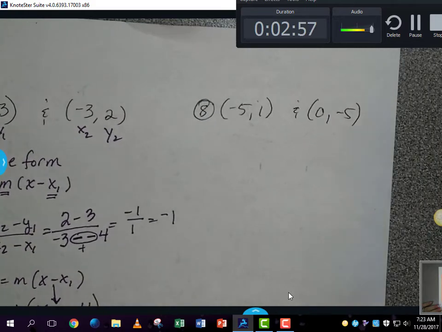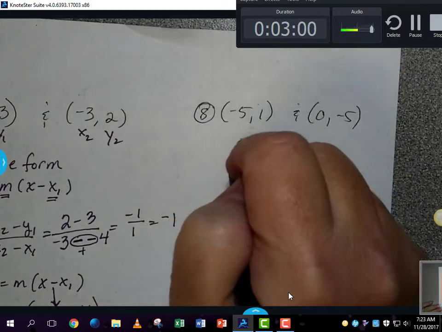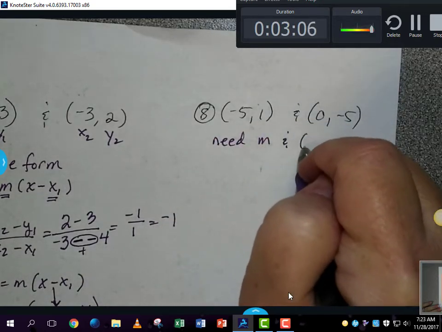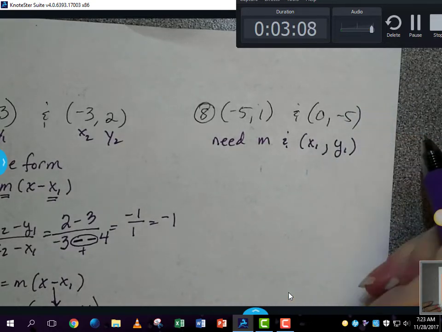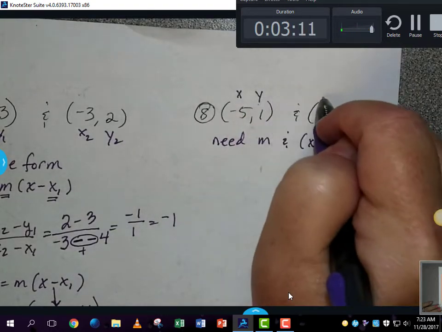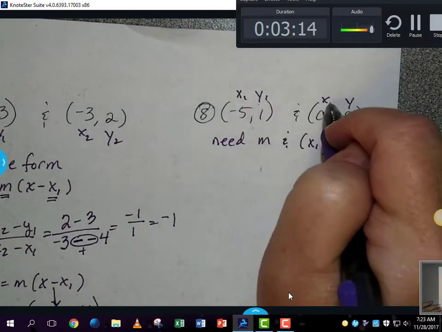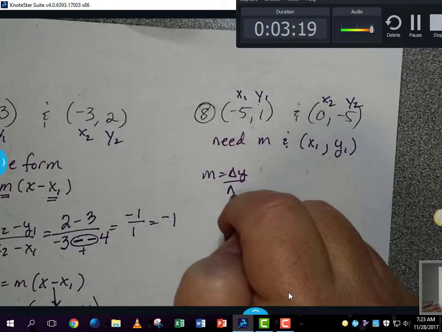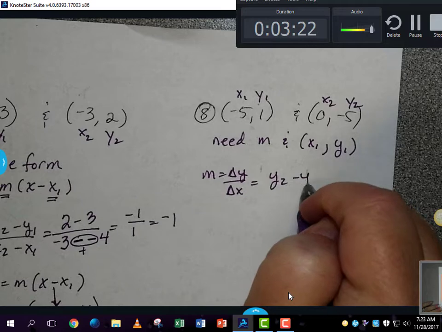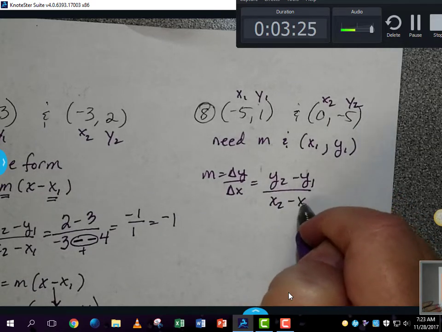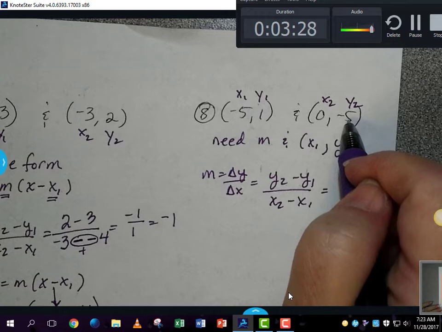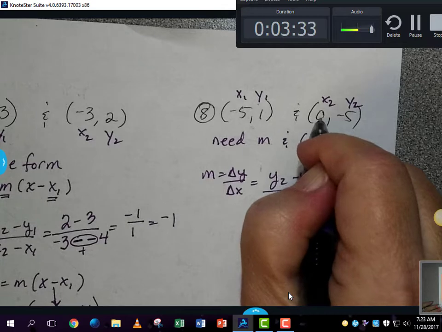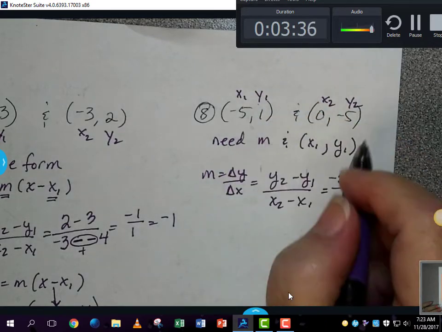Okay, so just gonna finish practicing these. First thing I need to do is I need m and I need x1, y1. Okay, so xy, xy, 1s, 2s, m equals the change in y over the change in x, which is y sub 2 minus y sub 1 divided by x sub 2 minus x sub 1, which is going to be negative 5 minus 1 divided by 0 minus negative 5.